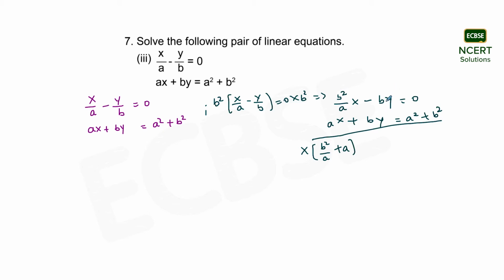These two will be cancelling out as they are of opposite sign and of the same value, will be equal to 0 plus a square plus b square.